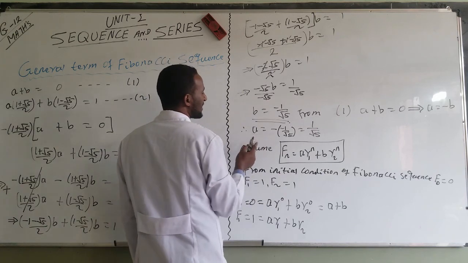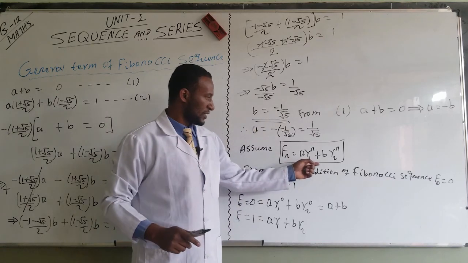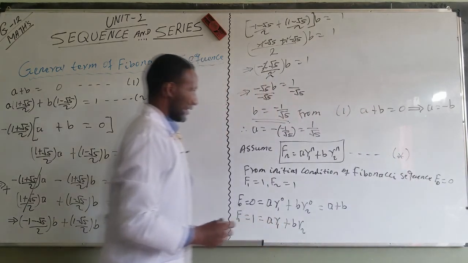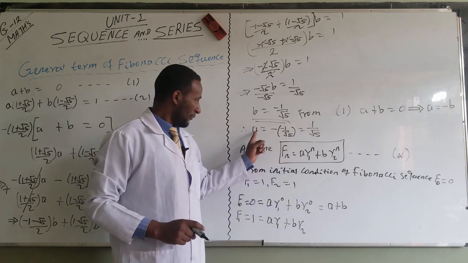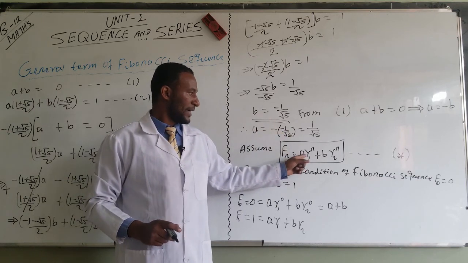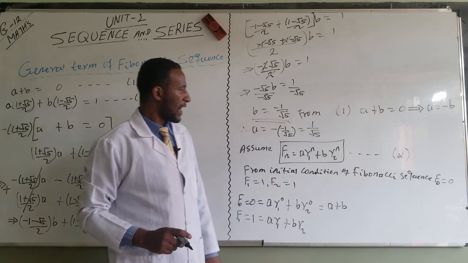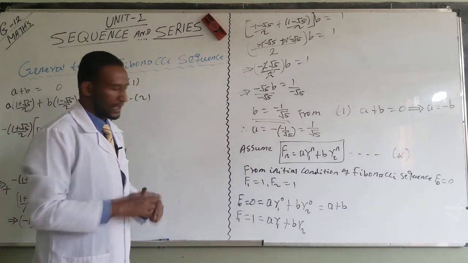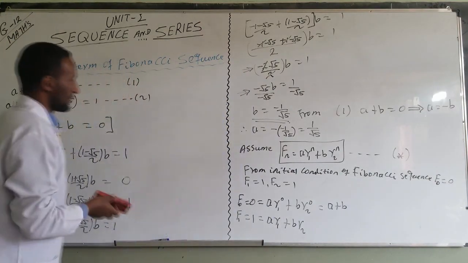Then we can replace the value of A and the value of B in this equation. Let us take this as the star equation. When we replace the value of A at the place of A, the value of r1 at the place of r1, and the value of B and r2 likewise, we get the general formula, or the general term, of the Fibonacci sequence.